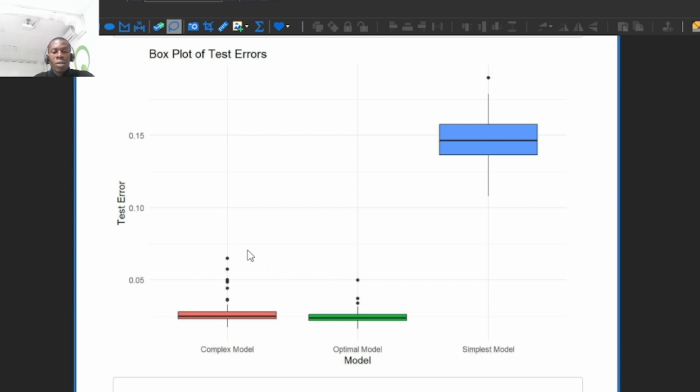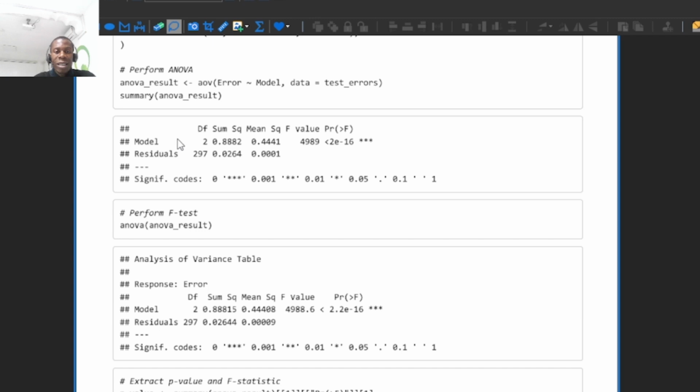Though the complex model is also questionable because we have these outliers here compared to the optimal model, and if I were to choose, I would choose the optimal model over the complex model. The ANOVA test also says the simplest model is not a good model because it leaves out a lot of data that are not near. The deviation from the line is very, very large. So that is what the ANOVA is saying.